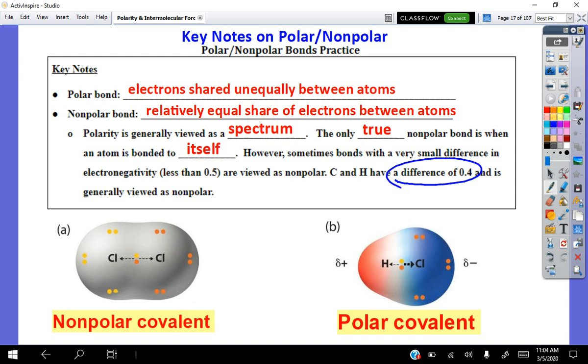Now, it's not a hard and true cutoff. Honestly, something can be around the range of 0.4 or 0.5, and people will debate whether or not it's polar or nonpolar. But generally, if something is considered under a difference of 0.5, it will be nonpolar. If it's larger than 0.5, it'll be considered polar. Now, C and H bonds, for example, are typically labeled as nonpolar.